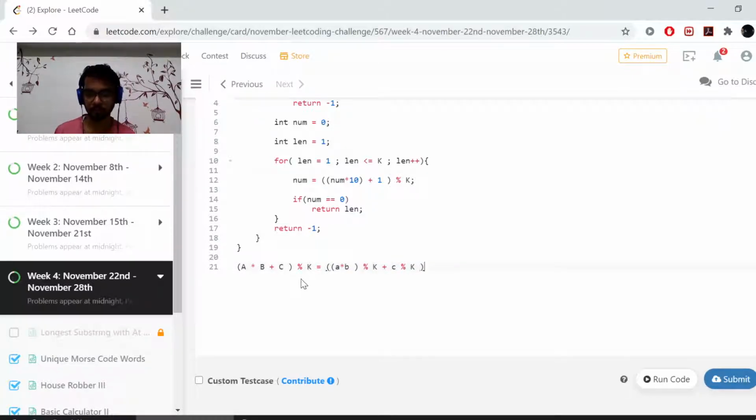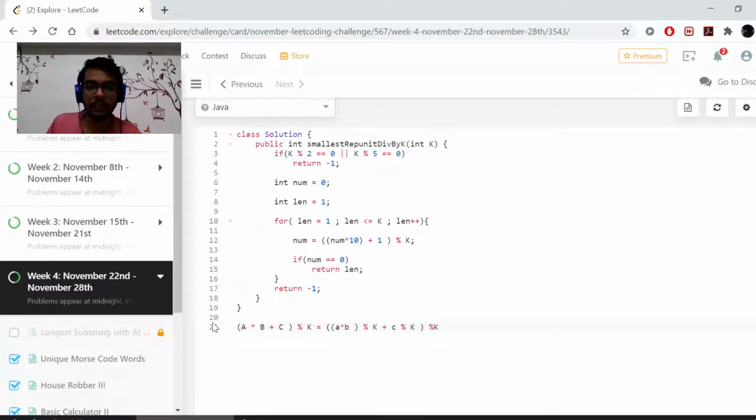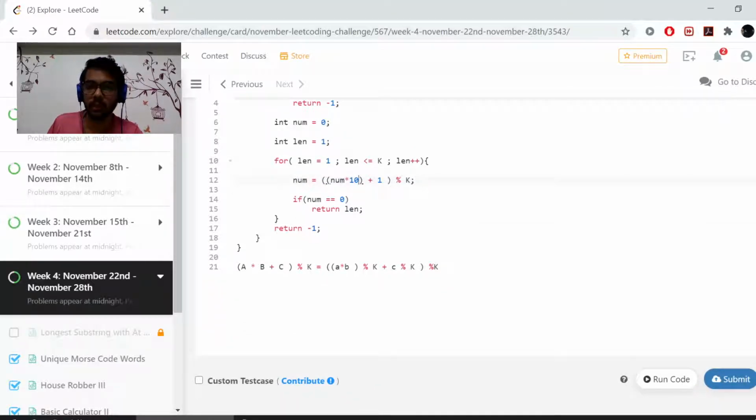By this property of modulus, we can clearly see that if we take a modulus of a number and then continue the same process, the result will remain the same. For example, let's do it with k equals 7.